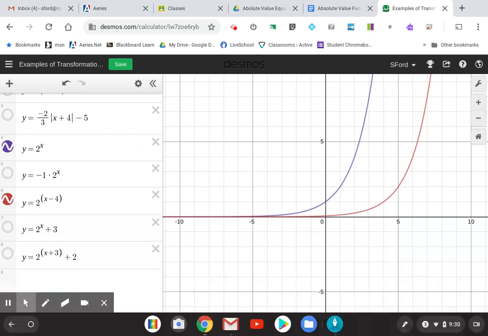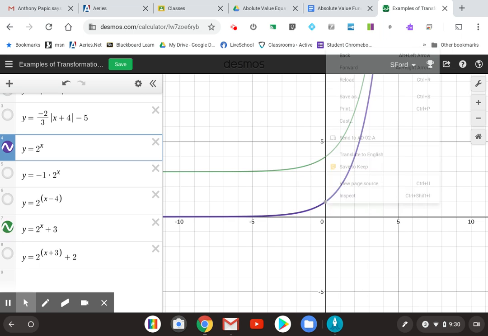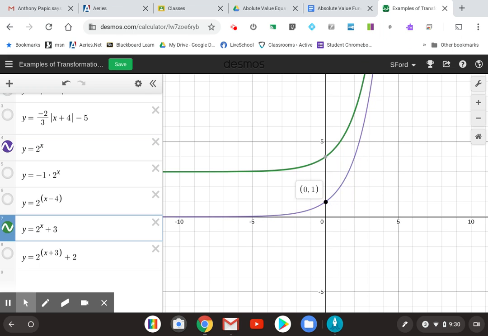That minus 4 in our equation is telling us to go to the right 4. So it just took your whole graph and moved it right 4. If we look at the next one, the green one, it says plus 3. All we did is took our graph and moved it up 3. So if you look here, here's our equation. It's at 0, 1. Now we're at 0, 4. It moved up 3 points.